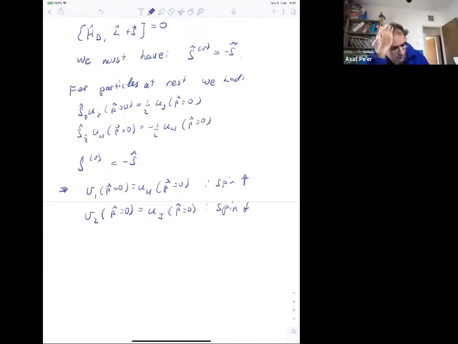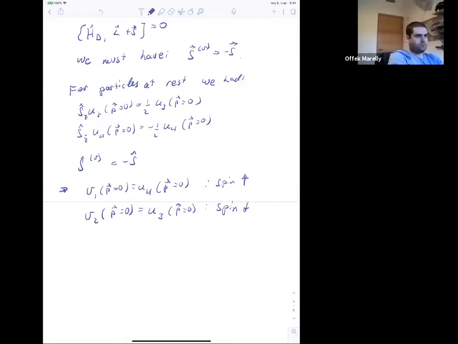Yeah, in the Dirac interpretation, V1 is the positron, so it's interpreted as an electron that is missing. Did I get confused here? No. So the electron with a spin down is a positron with a spin up. Okay, thank you.